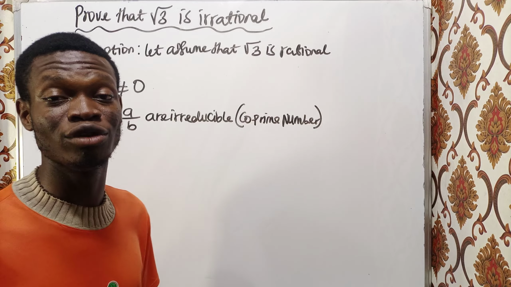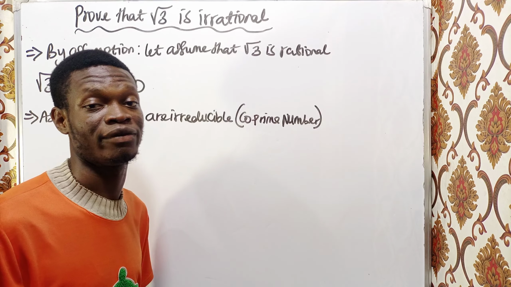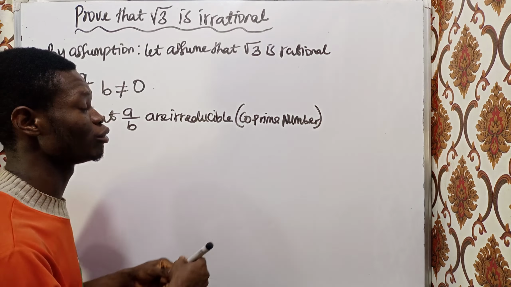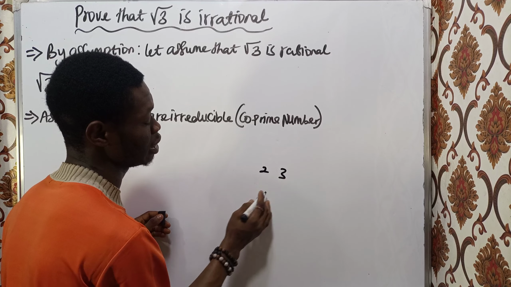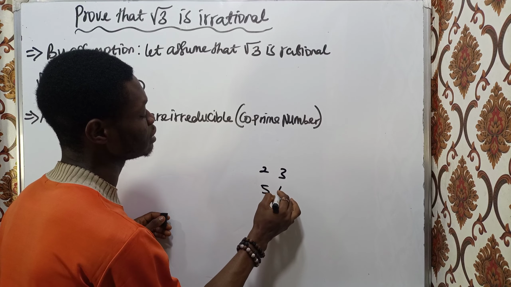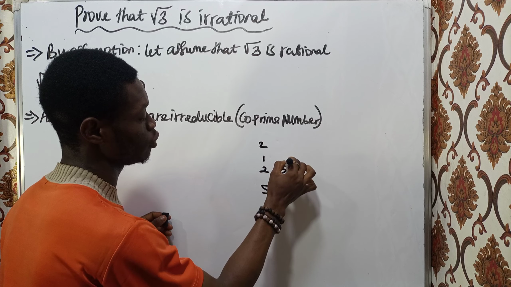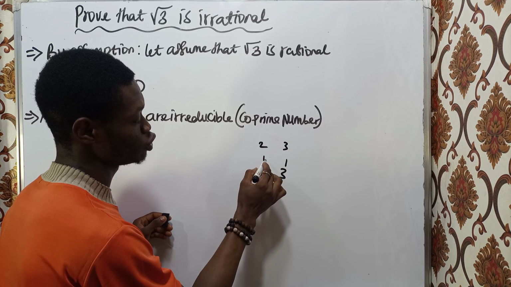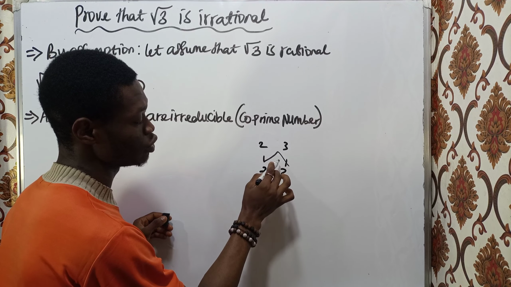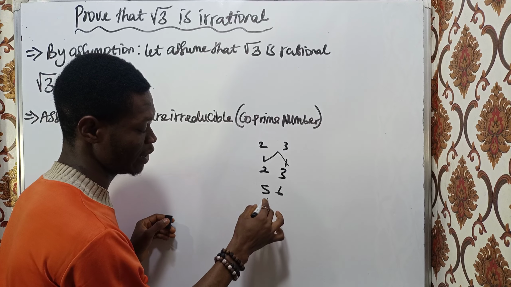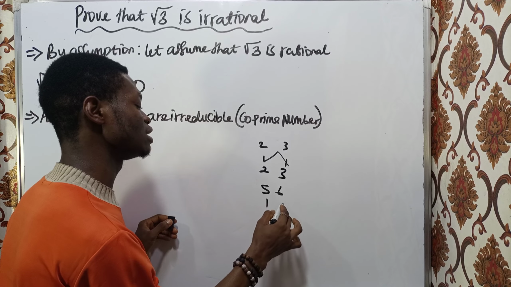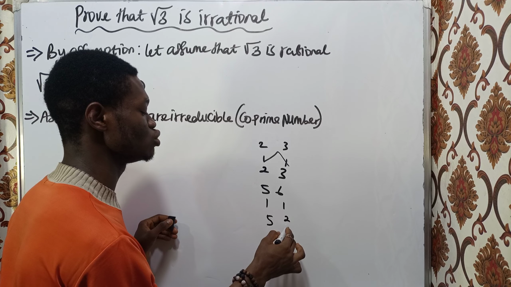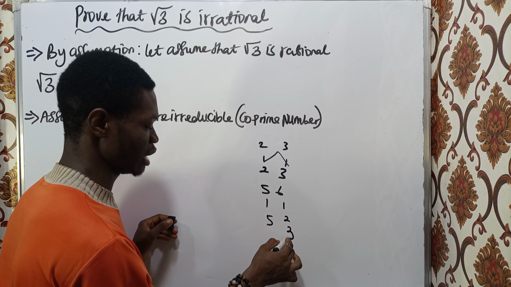Coprime numbers means that they have only one as their GCF, greatest common factor. For example, coprime numbers 2 and 3, 5 and 6. 2 and 3 have 1, 2, and 1, 3 as their factors. So their GCF is 1. So they are coprime numbers. 5 has 1, 5, and 6 has 1, 2, 3.